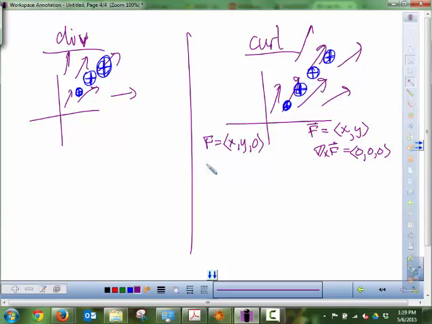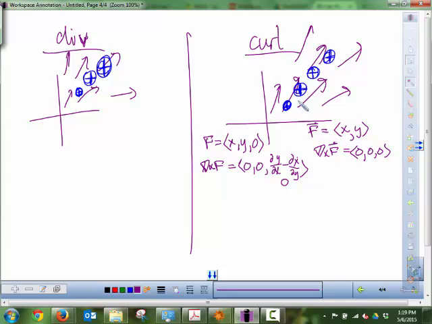And then if you take the curl of that, it's going to be 0, 0, and then the derivative of y with respect to x minus the derivative of x with respect to y, which is going to be 0. It turns out to be 0 anyways.